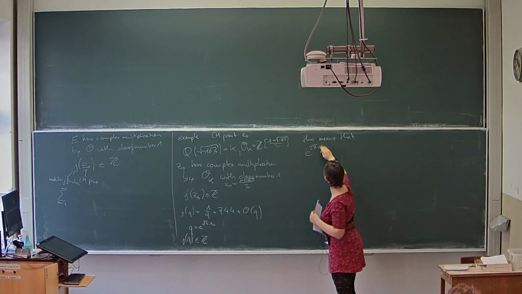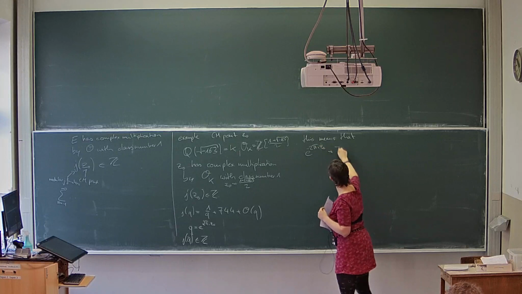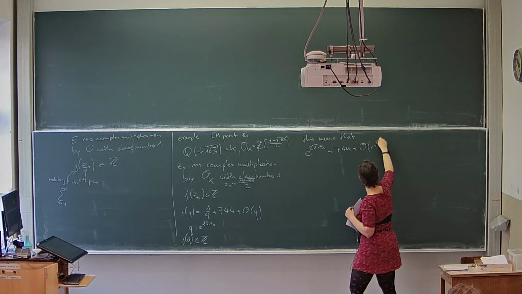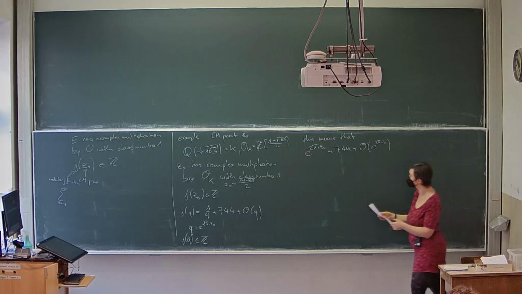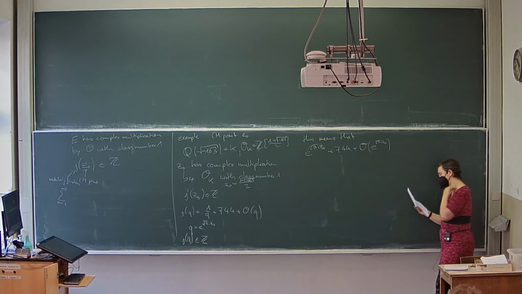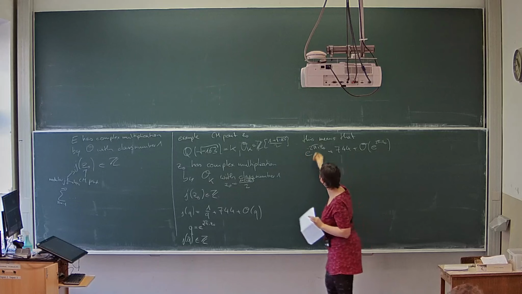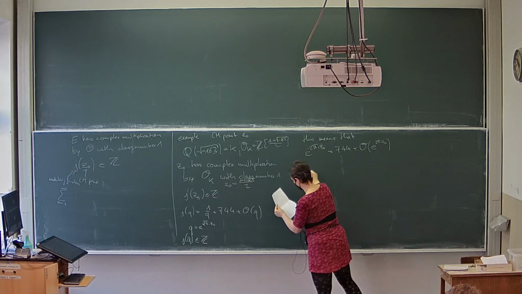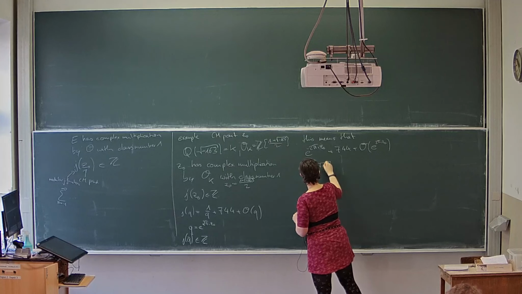Okay, so if we now plug in for Z0 this 1 plus square root of minus 163 over 2, it's a bit complicated with this minus and the over 2, but if you plug it in and compute what it is, then you see that this is the same as this.